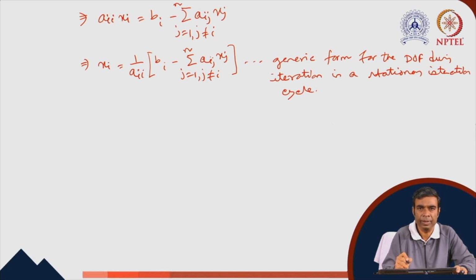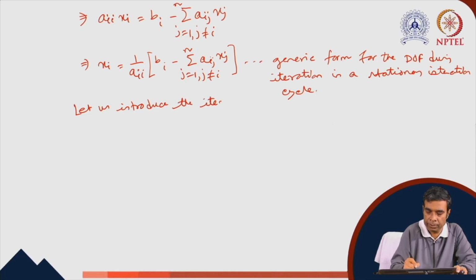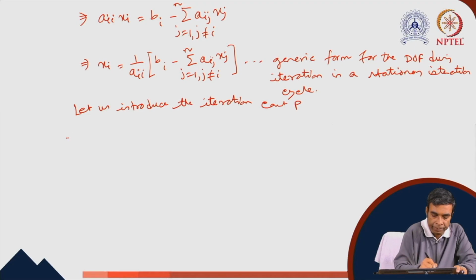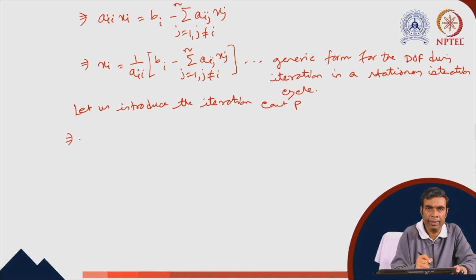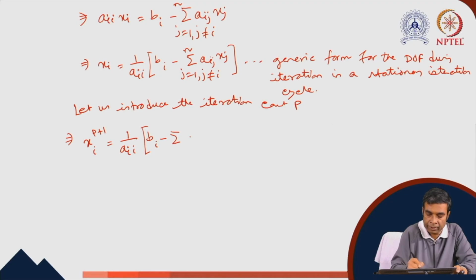Now let us introduce the iteration count P. Then we can get the latest solution with P plus 1 index in the left hand side as xi at P plus 1th iteration level equals 1 by Aii into Bi minus summation of Aij xj at the pth level, j equals 1 to n, j not equal to i.